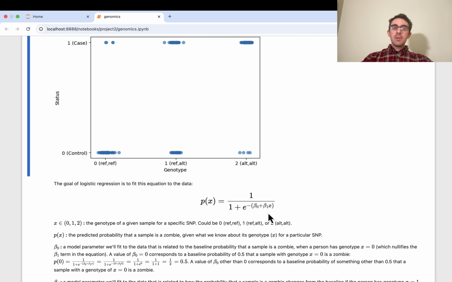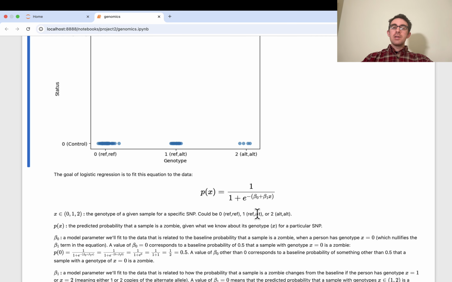It's not being multiplied by the genotype variable X. That suggests it's telling us something about a baseline probability that a sample is a zombie. But then there's the question: the baseline for who?